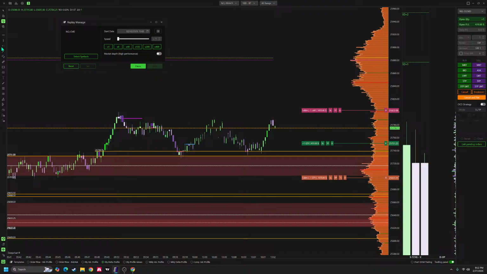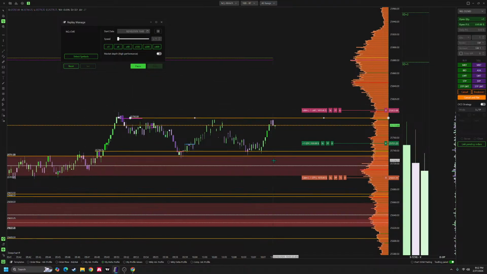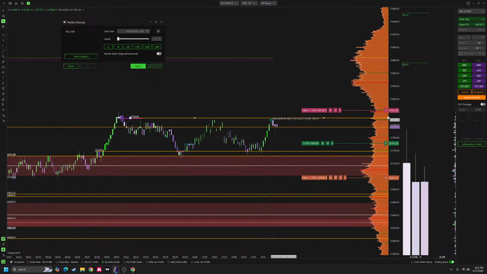So we did have sellers step back in, this time even a little bit lower. So that's not the best sign, but it could just be a little bit of a pullback. I do expect, what's that? How many points is that? 51 points.